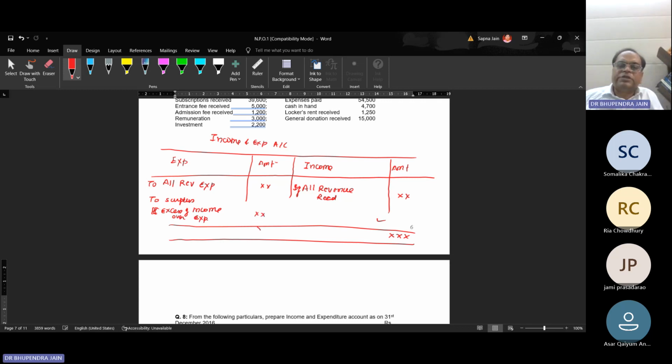Clear? Now this is the total. And this excess of income over expenditure, or the surplus, we will transfer to the balance sheet. What will we do? Add it to the capital fund. Clear?